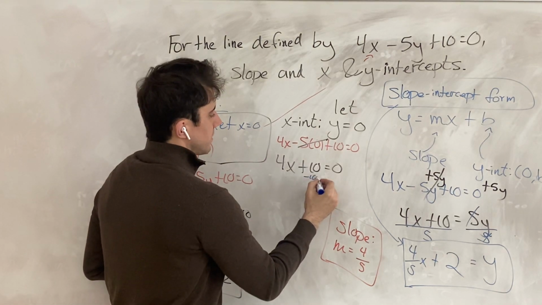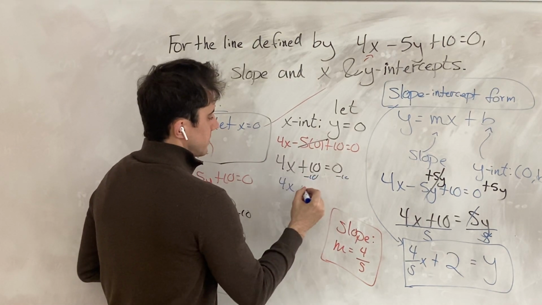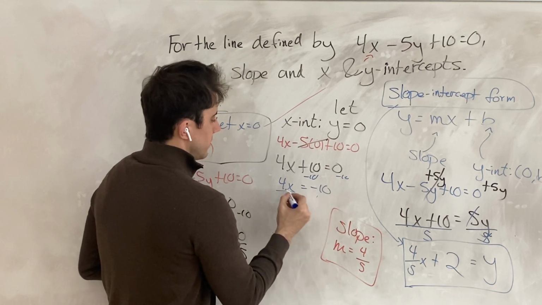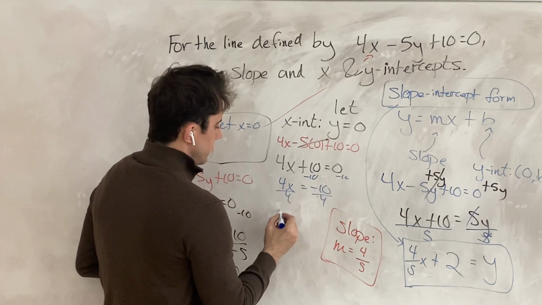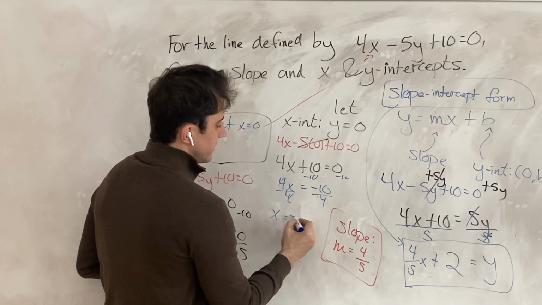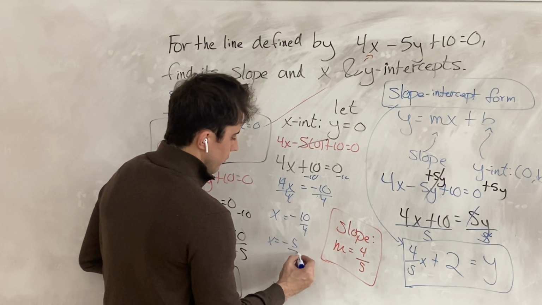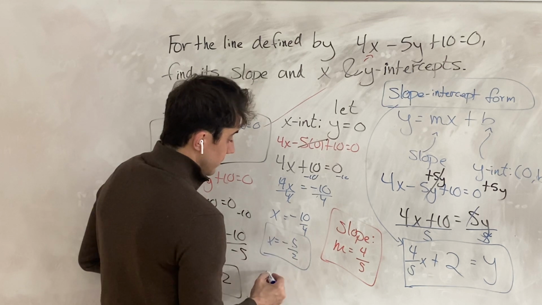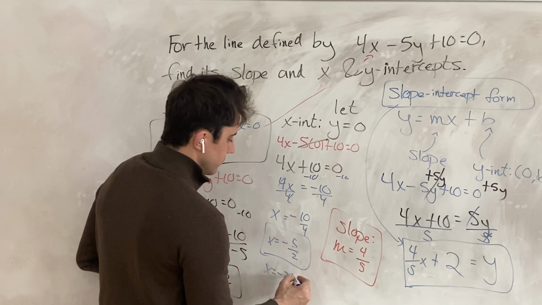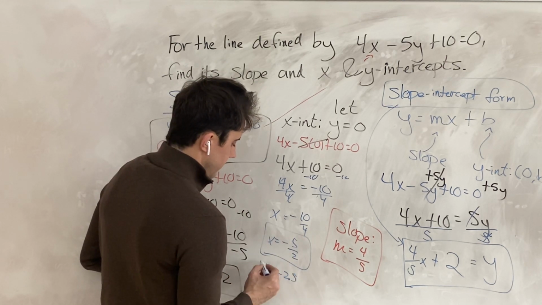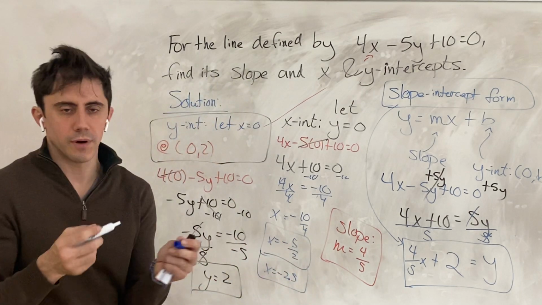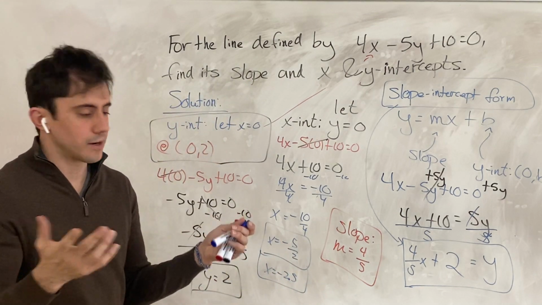So minus 10, minus 10, 4x is equal to negative 10, divide by 4, and x is equal to negative 10 over 4, or if you'd rather, negative 5 over 2, or if you'd really rather, a decimal, negative 2.5. Okay, whichever form you'd rather. I like fractions, I'll leave that up to you.